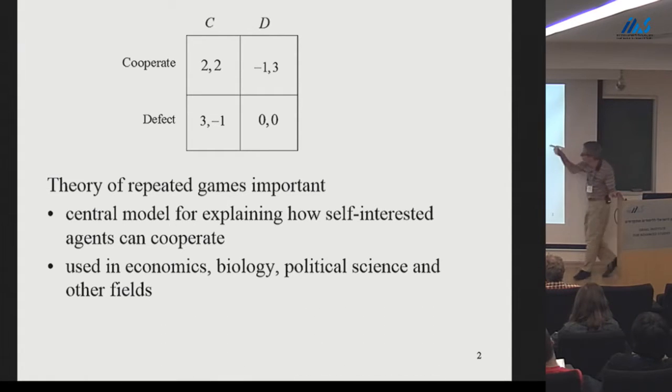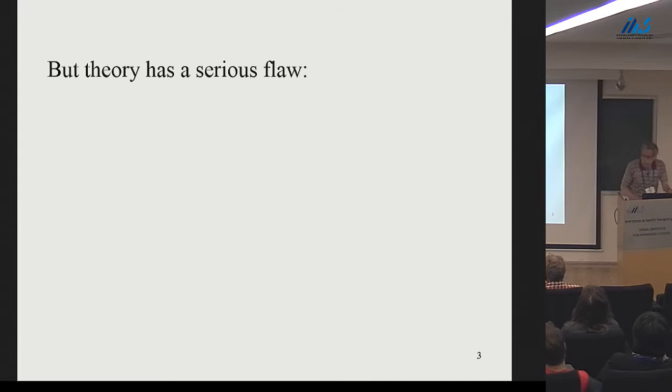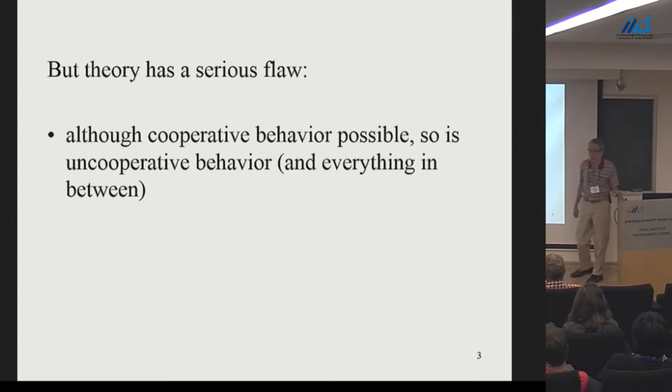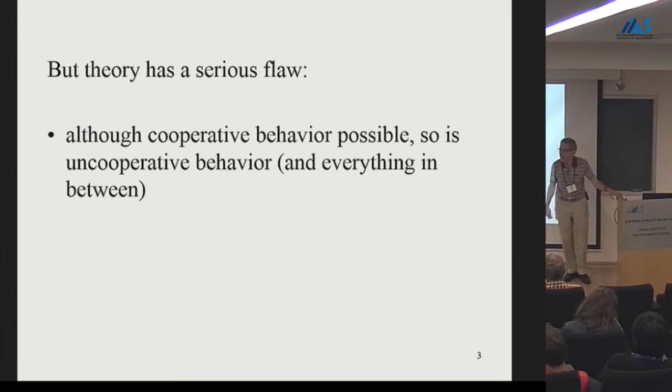And for that reason, the repeated games have been very widely used in applications in many fields. But as the Folk theorem for repeated games makes plain, there's a flaw in this theory, in that although cooperative behavior is a possible outcome, so is uncooperative behavior and a huge range of other behaviors.